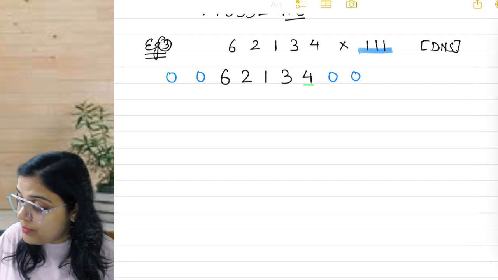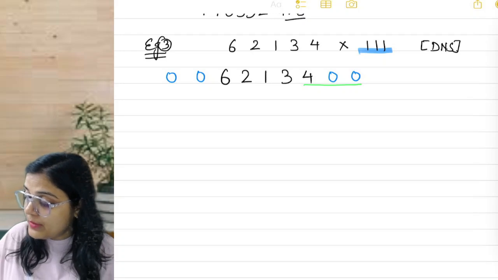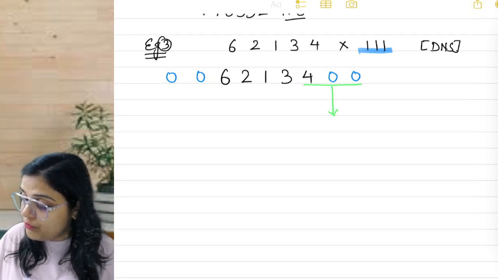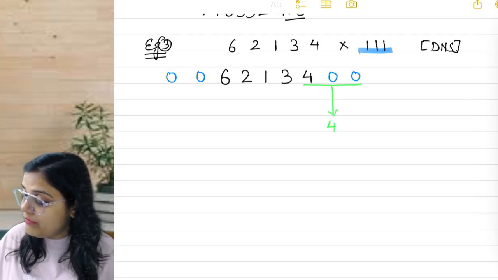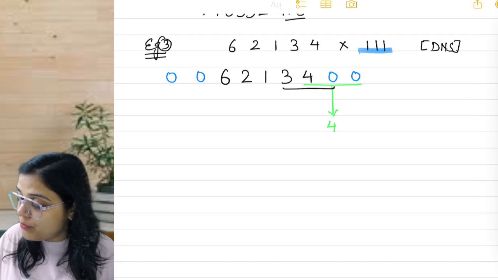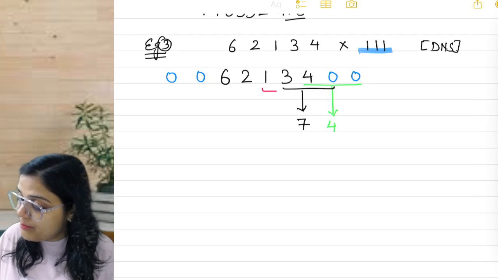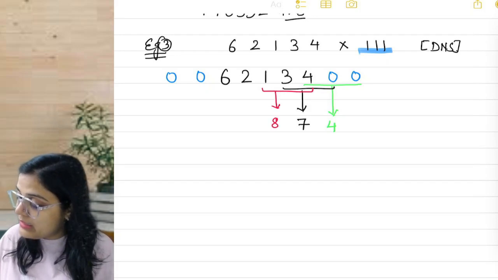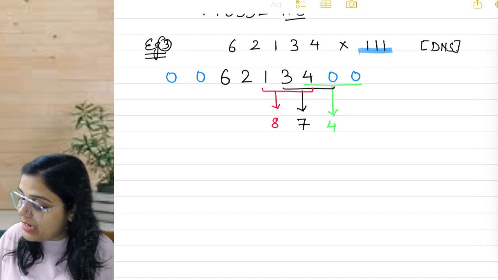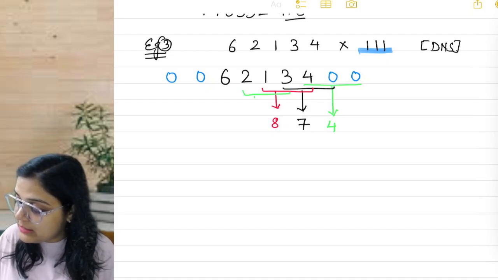So 4 plus 0 is going to be 4. Then we will add 3 plus 4 plus 0, that is going to be 7. Then we'll add 1 plus 3 plus 4, that is going to be 8. Then we are going to add 2 plus 1 plus 3, that is going to be 6.